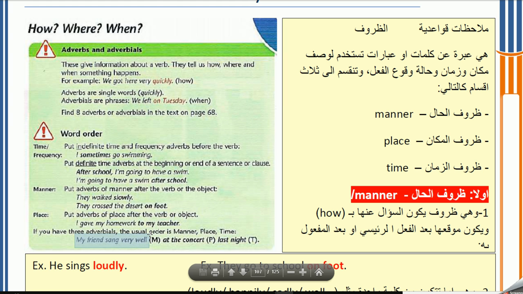The usual order is manner, very well; then at the concert, adverb of place; then last night, adverb of time.